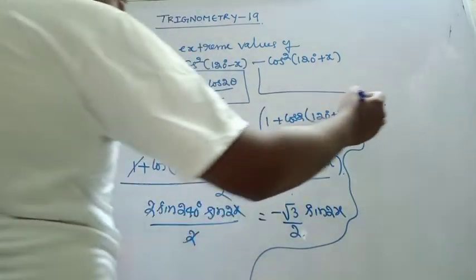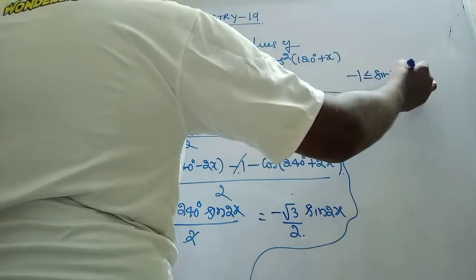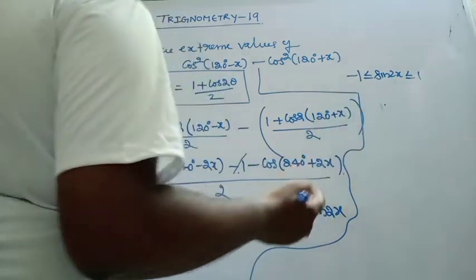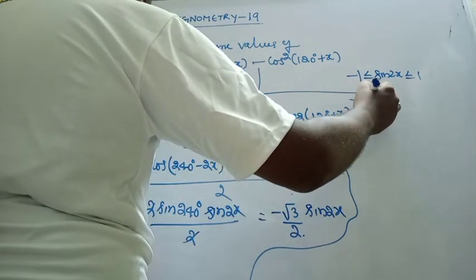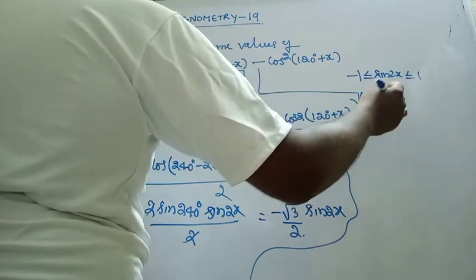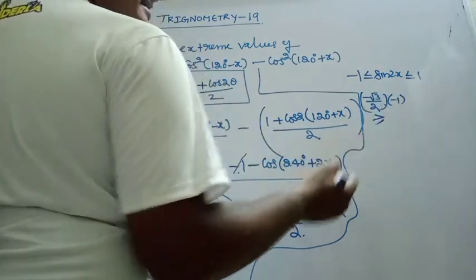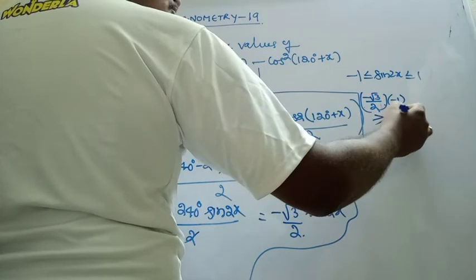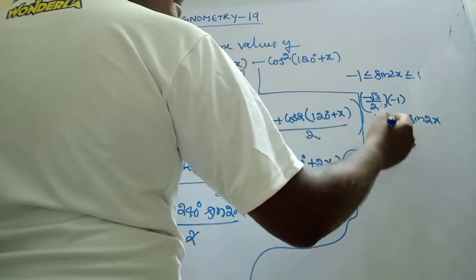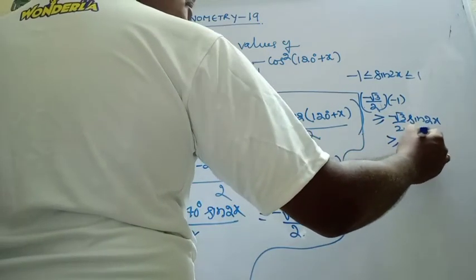So minus 1 is lesser than or equal to sin 2x, which is lesser than or equal to 1. For this, you multiply by minus root 3 by 2. Then you get minus root 3 by 2 into minus 1, and since we are multiplying with a negative quantity, the lesser than becomes greater than, and likewise the lesser than or equal to becomes greater than or equal to minus root 3 by 2 into 1.